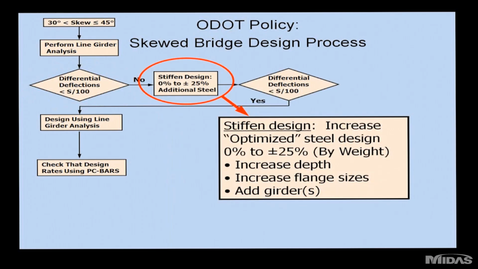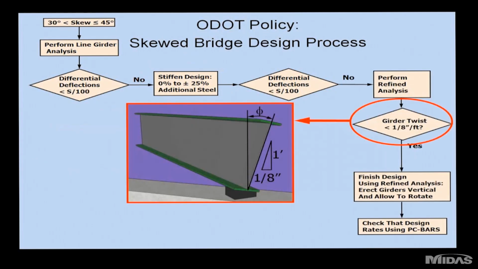So if you don't meet the S/100 requirement, the policy then kicks you over to stiffen your design. What they mean by stiffen is increase plate sizes, web depth, whatever you can do under the constraints you're operating under, up to 25% of the weight of the girder in an effort to reduce those deflections. If you're successful, you use the stiffened girder and proceed with line girder analysis. Design the bridge that way.